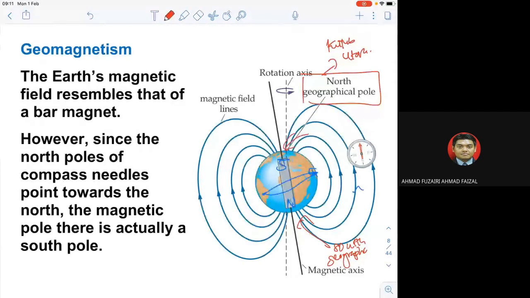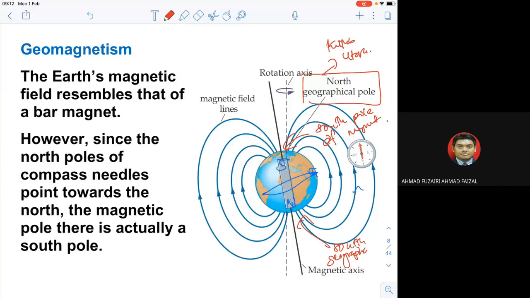If you imagine we have a big magnet inside our earth, that is the south pole of the magnet, equivalent to the north geographic pole because of its location at the top of the globe.